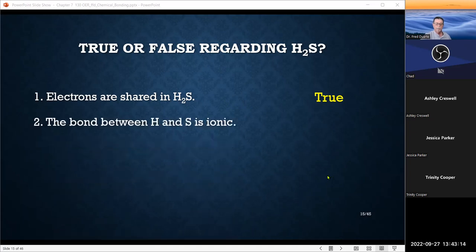Okay, the bond between H and S is ionic. Well, to answer that question, let's read the question carefully. In order to be an ionic bond requires a non-metal with a metal, or a metal and non-metal combination, which is not the case for H2S.